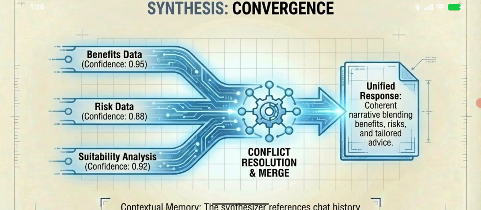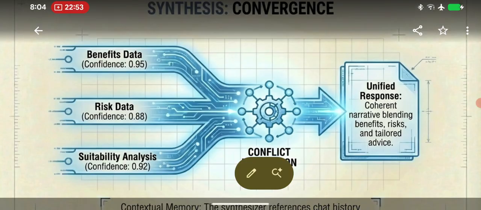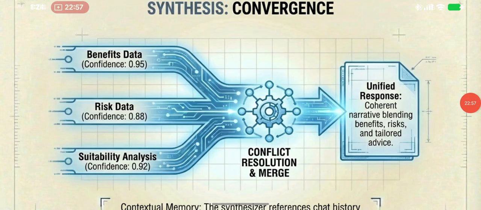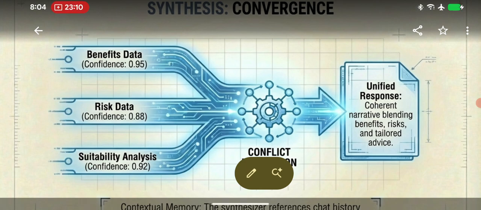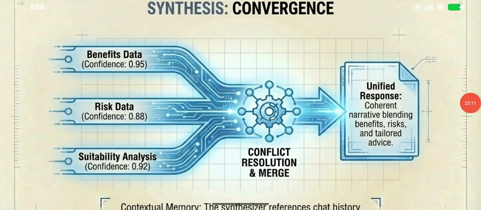Synthesis, convergence. So how do we converge? Whenever any output comes, you can define that the agent will score based on different criteria. So like in this case, what is the confidence on benefit data, what is the confidence on risk data, suitability analysis, and how to do conflict resolution and merge, and finally provide the unified response.